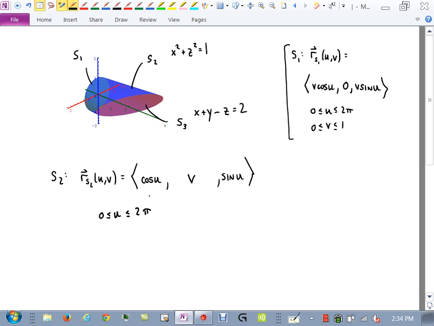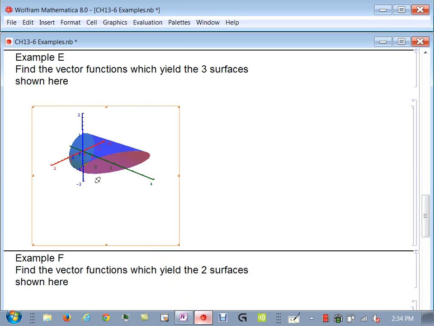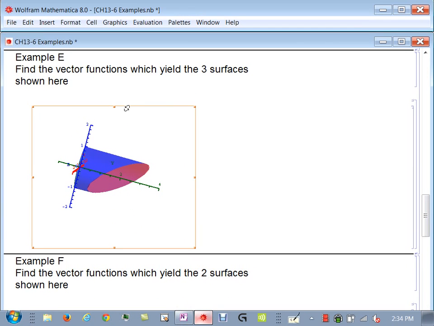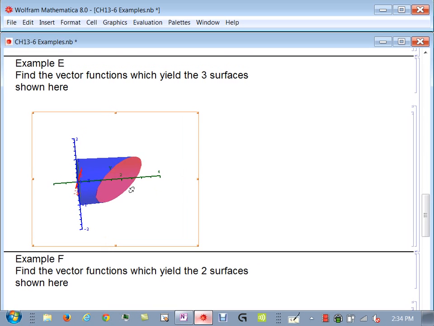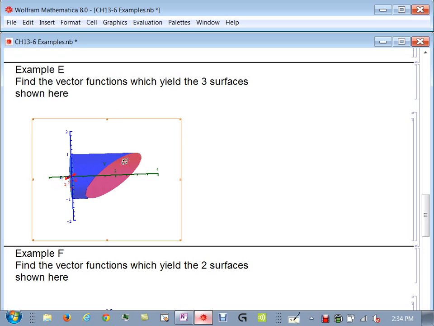Now let's discuss the V part, because this is the part you have to be careful with. If I look at it from the back side here, if I turn it sideways like this, V goes this way, because that's our Y. It starts out at 0. How far out does it go?